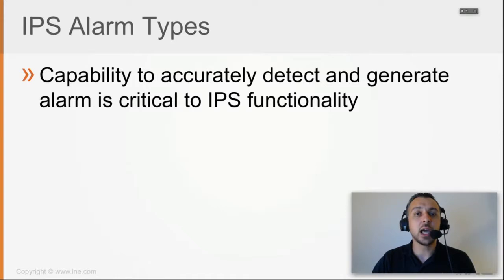But at the same time, you want the IPS to log a message telling you that an attack happened and has been blocked, because you may want to do more analysis to see whether the attack was partially or totally successful, or whether the attacker is going to constantly try to get into the network and perform other kinds of attacks. So it's critical that the IPS logs a message whenever an event happens.